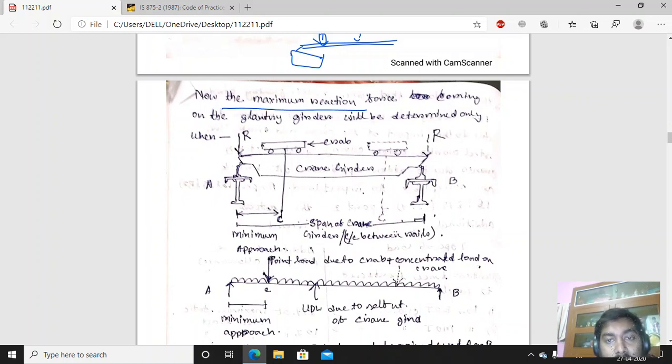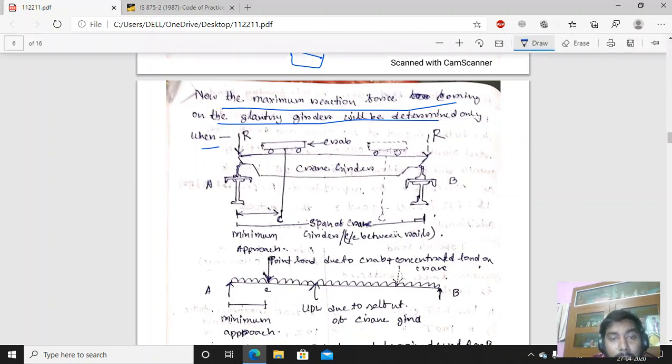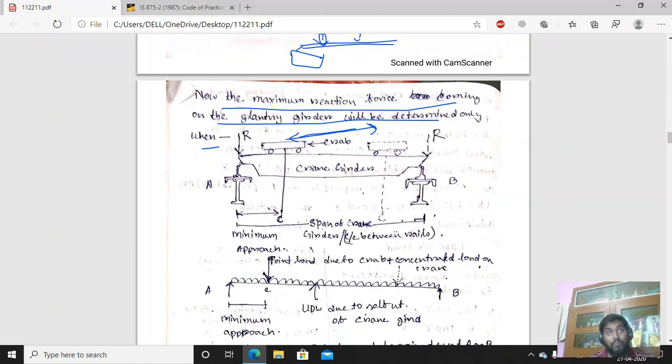Now the maximum reaction force coming to the Gantry girder will be determined only when, so now understand carefully, the crab is a moving member. So we have to determine at which position of the crab the load will have its maximum effect, where it will be placed.